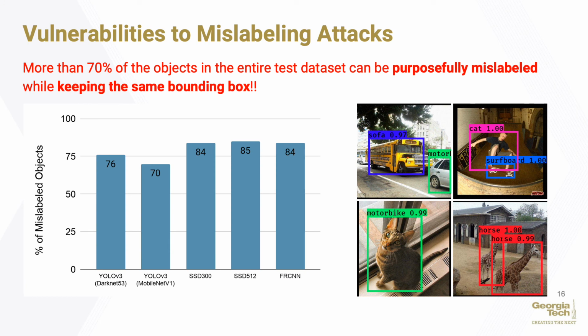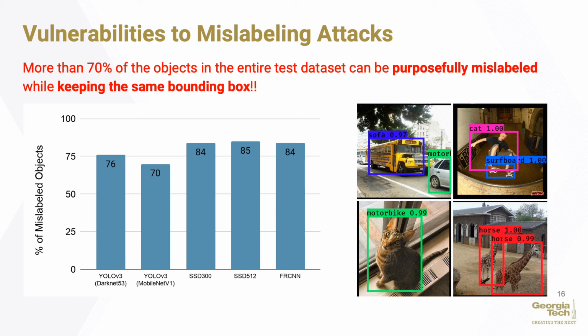We compared the objects detected on benign and adversarial examples and found that under TOG mislabeling attack, over 70% of the objects can be purposefully mislabeled with the same bounding box. This reveals the effectiveness of TOG in not only fooling the victim's classification component but also keeping the other 2 tasks, which are the objectness prediction and the bounding box estimation, unaffected.